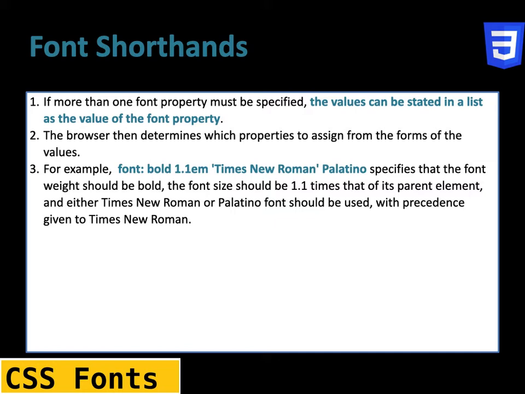If Times New Roman is not supported by your browser, Palatino will be taken into effect. If both the values are not applicable or the browser is not supporting Times New Roman and Palatino, then the default font type will be taken. That is browser dependent.